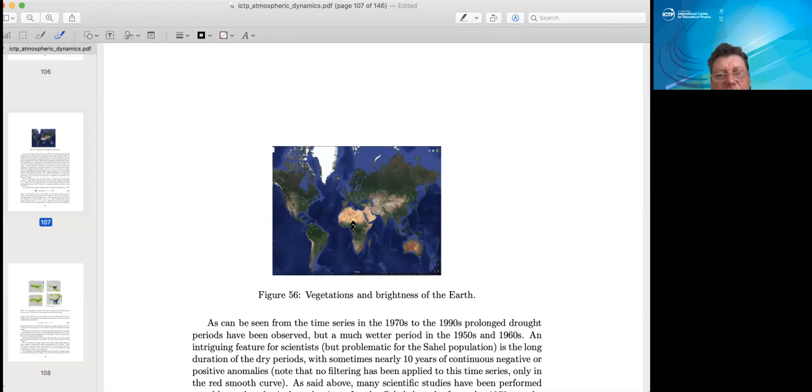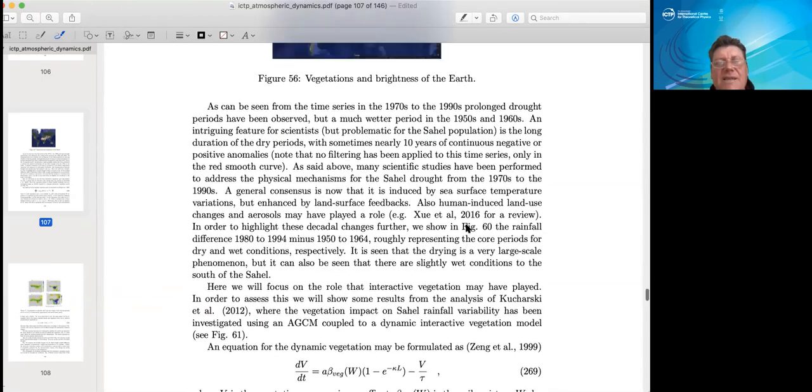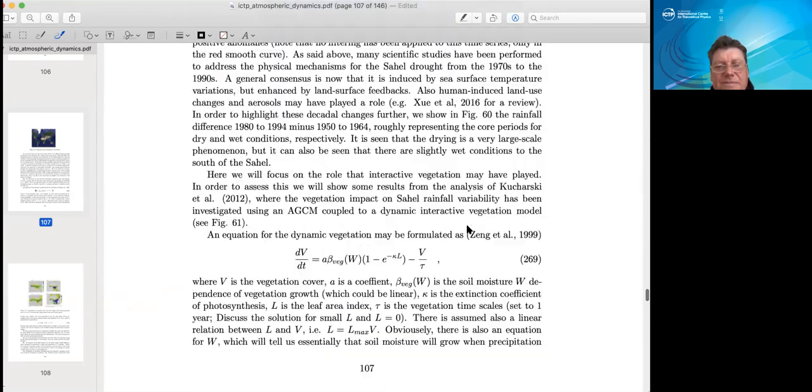So this, what is called the Sahel region, is this transition region between the tropical rainforest and the Sahara desert, where we have, on average, quite pleasant conditions because it rains, but it doesn't rain too much. But this region has some other problems.